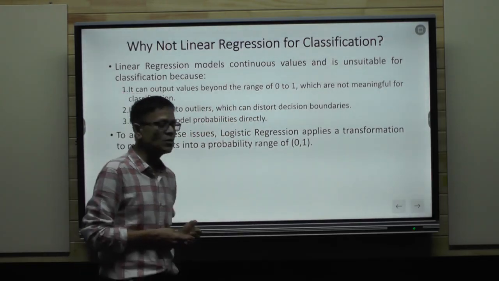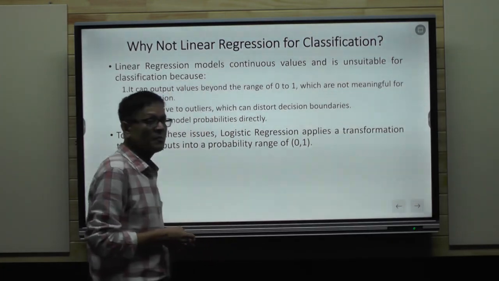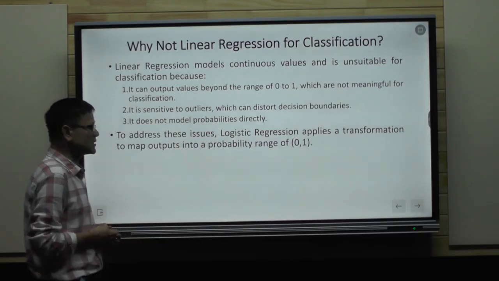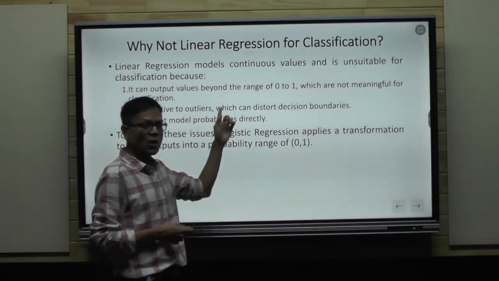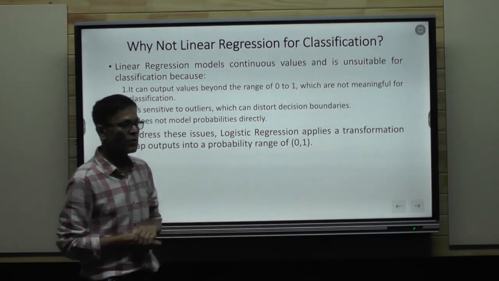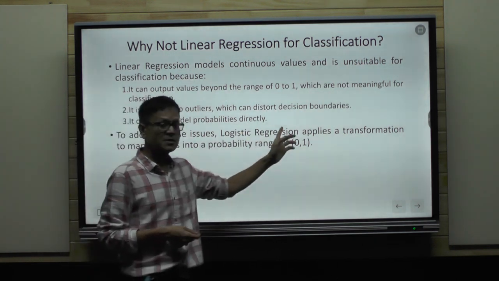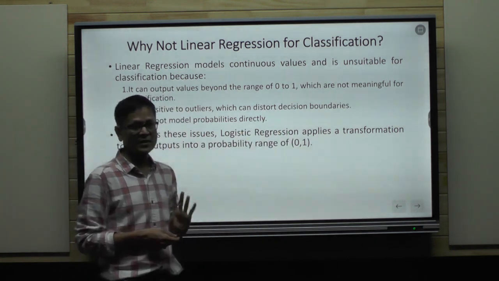In regression you can have a value greater than 1, which is not meaningful for classification. It is sensitive to outliers, which can distort the decision boundaries. It does not model the probabilities directly. So there are 3 factors.